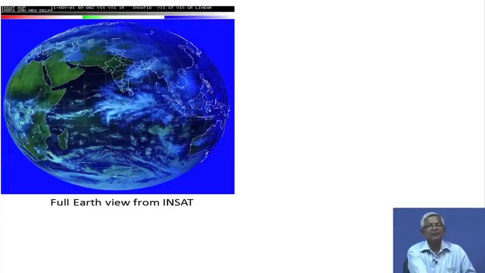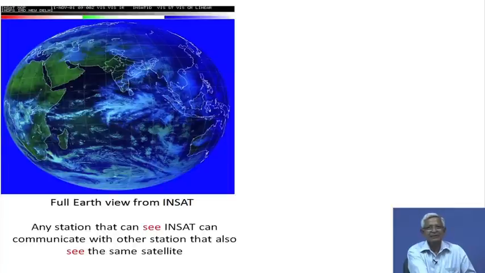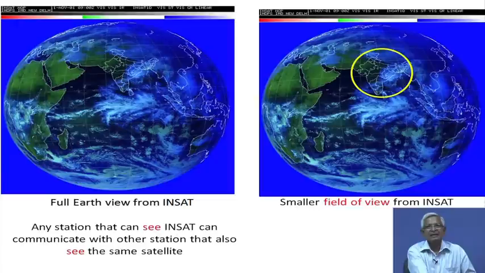Now, if this field of visibility is reduced to the Indian landmass, then within that circle, which I have put as a yellow circle, the radio visibility from the satellite is there. So, any user can transmit a signal within the radio visibility of the satellite, and within that radio visibility others can receive it.